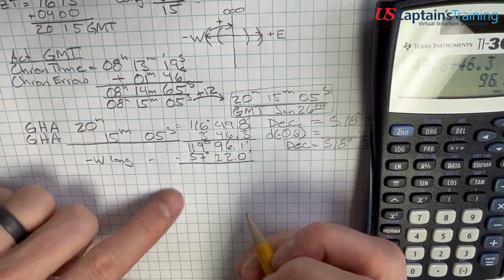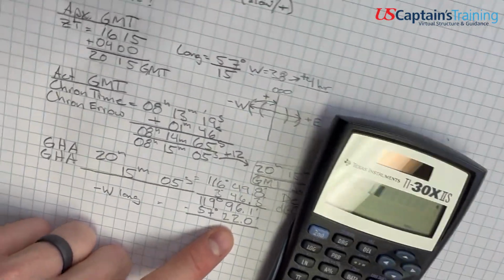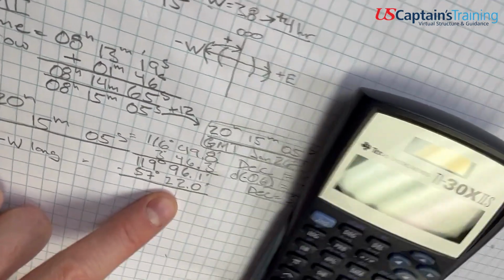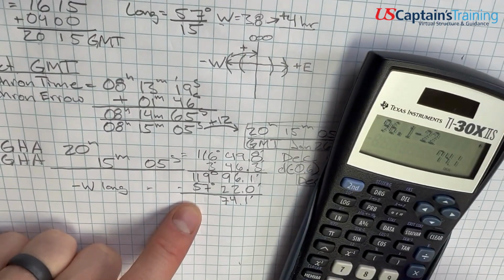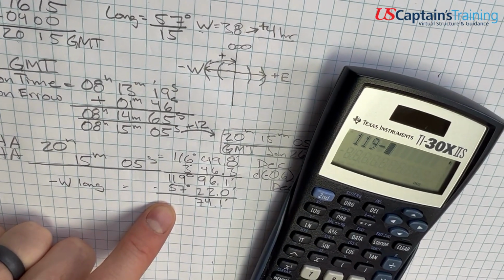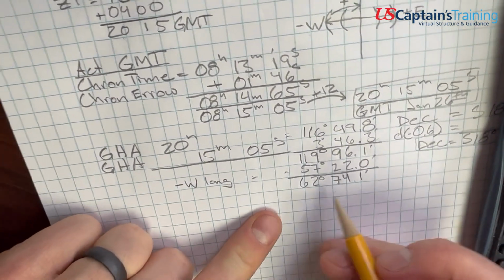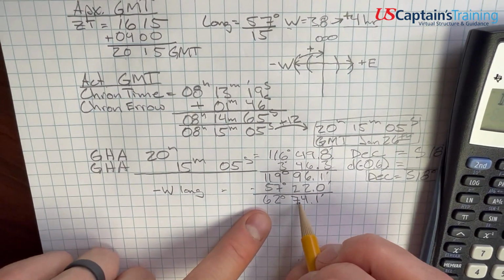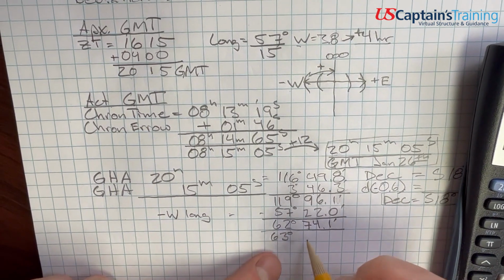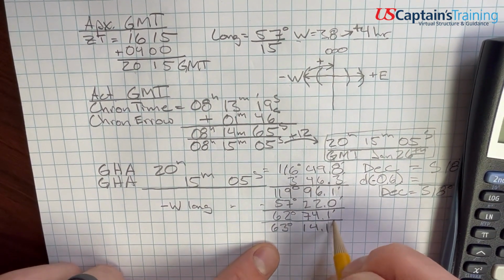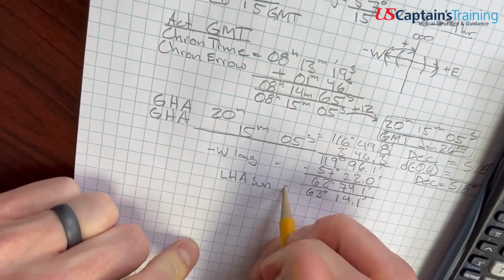So 96.1 minus 22 equals 74.1, and then 119 minus 57 equals 62. And now I'm going to take 60 out of here and add it over here. So we get 63 degrees, 14.1 minutes. This is the local hour angle, or LHA, of the sun right here.